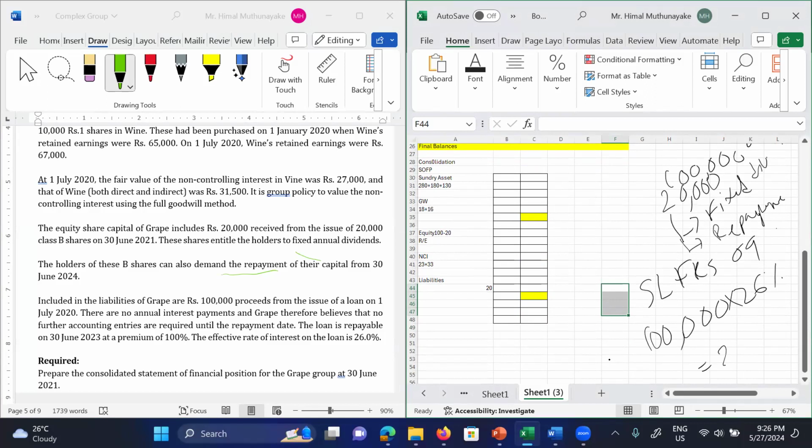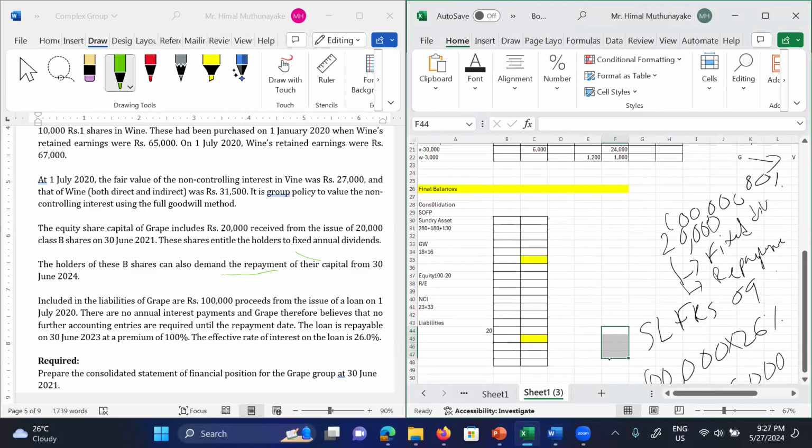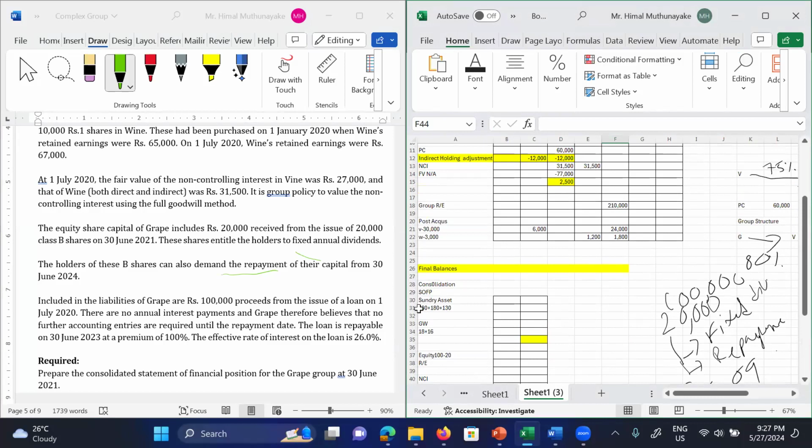That means you need to record 26,000 interest in your accounts. So the double entry would be: the expense account, or the consolidation retained earnings, should be deducted by interest. You can use the line item as interest. 26,000 you need to deduct from the consolidation retained earnings.